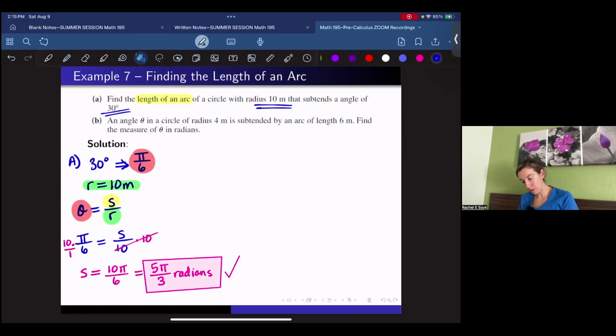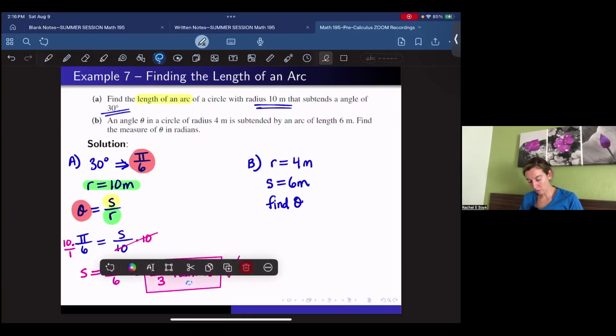Let's answer part B. An angle theta in a circle has a radius of 4 meters, is subtended by an arc length of 6 meters. Find the measure of theta in radians. And you'll notice that I actually did make a mistake with our units here.